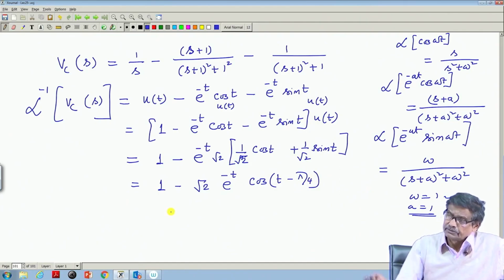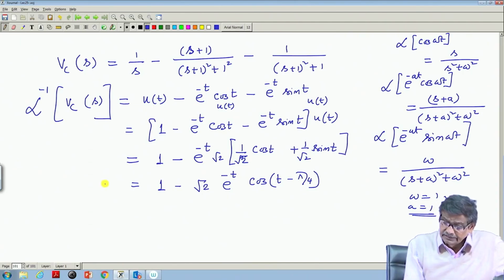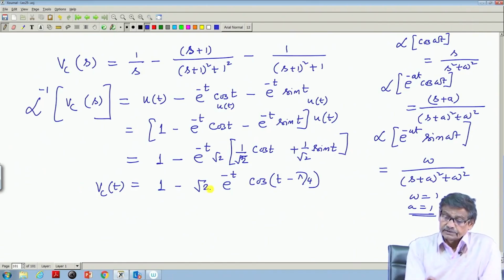That way also you can write it. Therefore, this is the solution V c t after taking Laplace inverse.